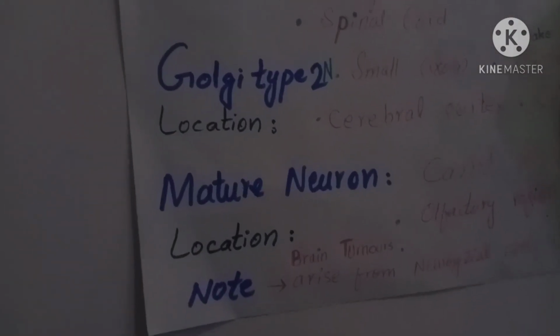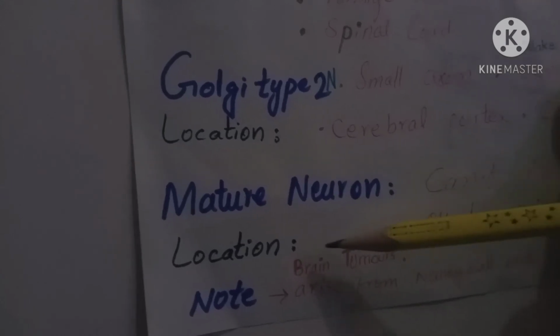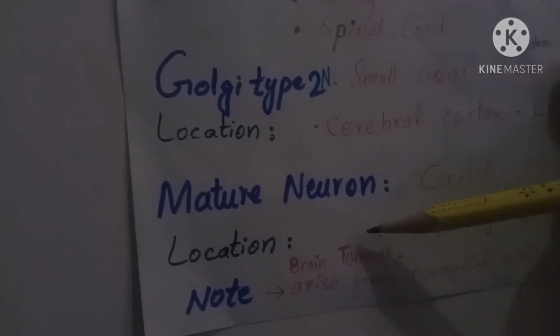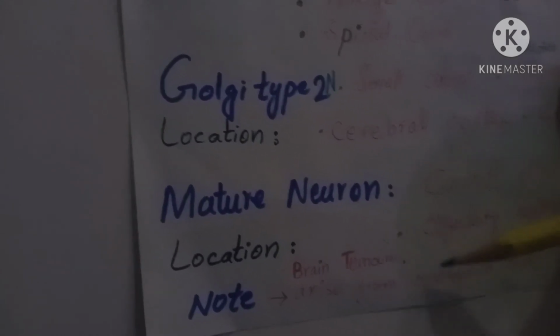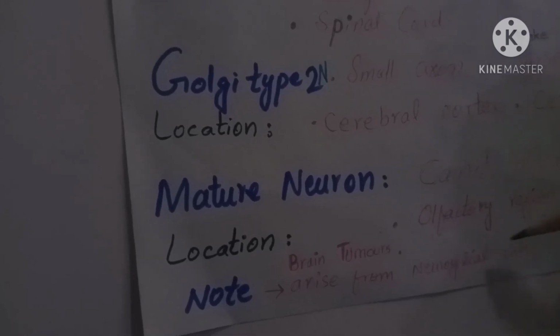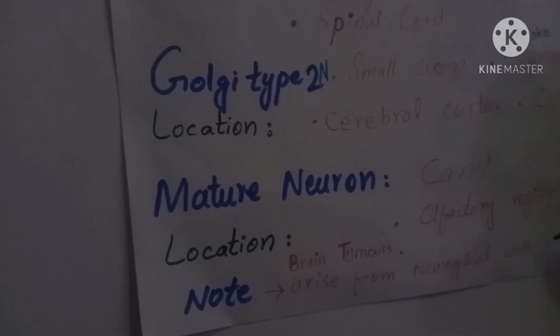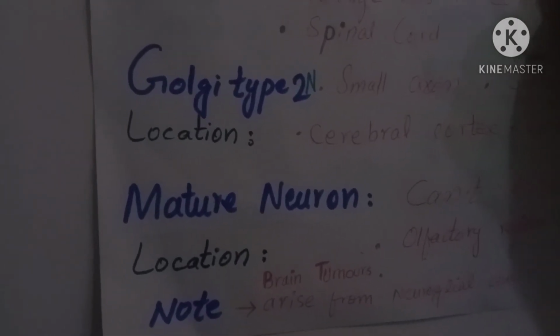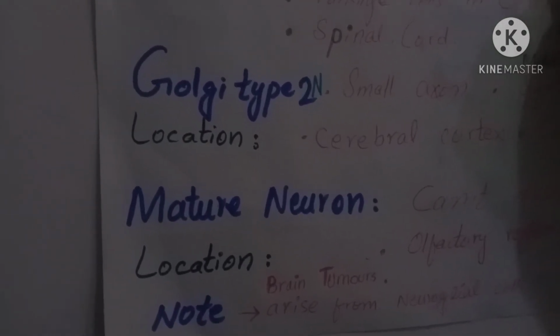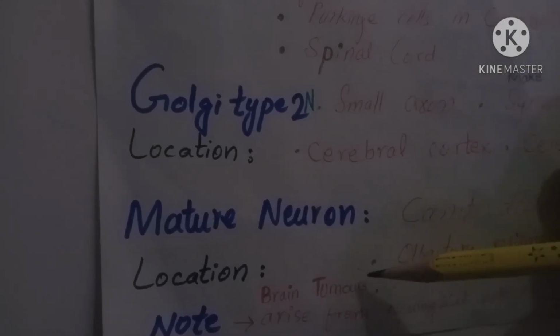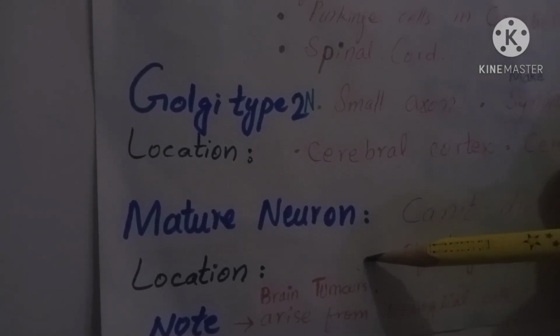And one important note is that brain tumors mostly arise from neuroglial cells, meaning the cells which are present in the nervous system. From there most of the brain tumors arise, then convert into cancer.